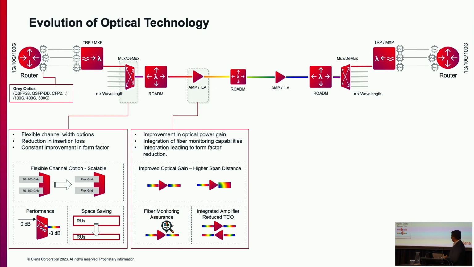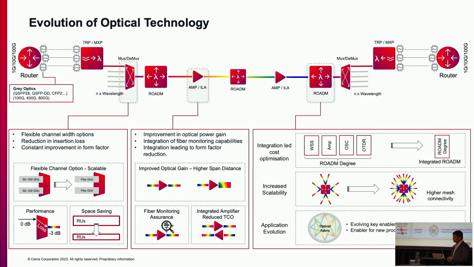Amplifiers are getting integrated with assurance components like OTDR, which would help us to give the real-time fiber events that could be communicated back to your layer 0 control plane to make better routing decision. We see form factor reduction. Amplifiers are getting integrated with C and L band amplifiers. They're getting added with bidirectional amplifiers, just simply helping us to reduce the overall TCO of the network.